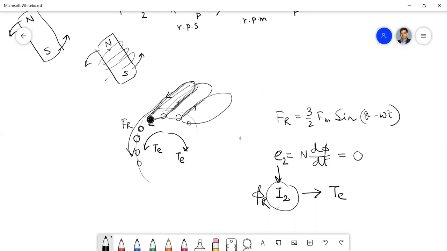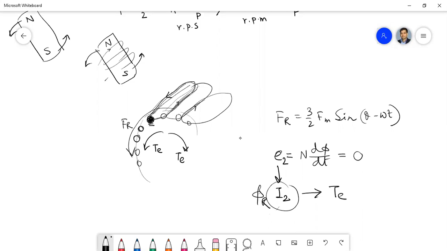And how can it be minimized, how can it be reduced? If the rotor rotates in the same direction. Because if the rotor rotates in the opposite direction, then the speeds will be added up. If the rotor rotates in the same direction as the rotating magnetic field, then the speeds will be subtracted. The speed will be reduced, the root cause can be reduced.